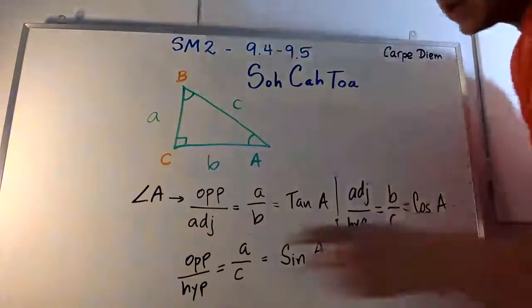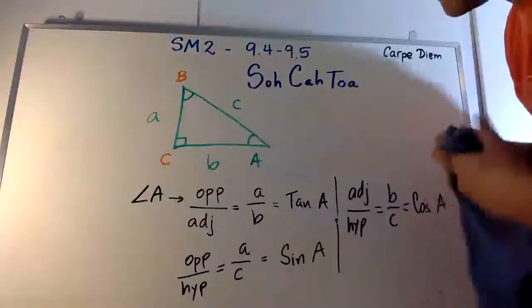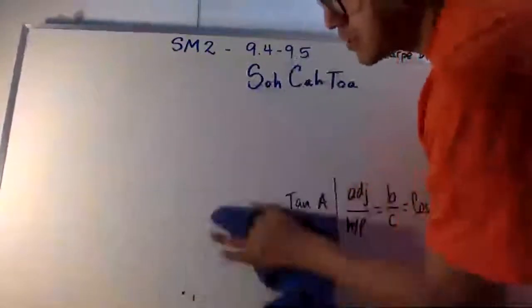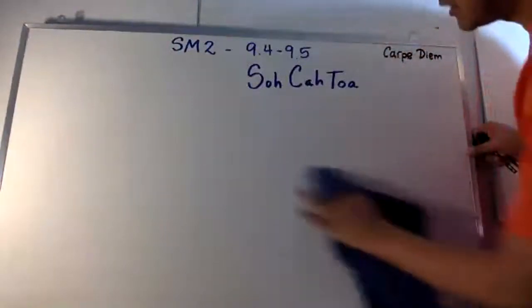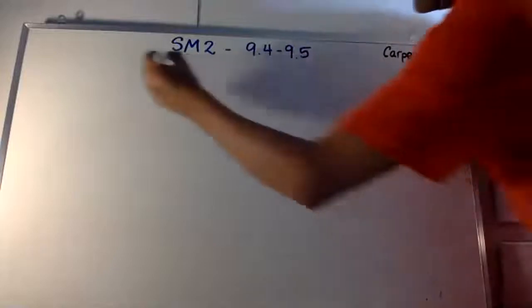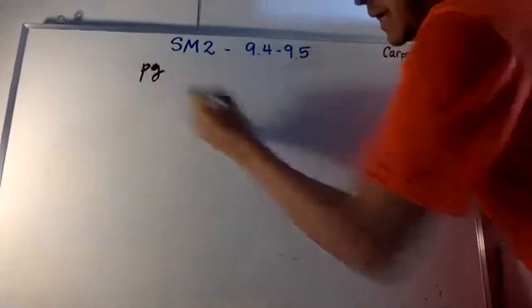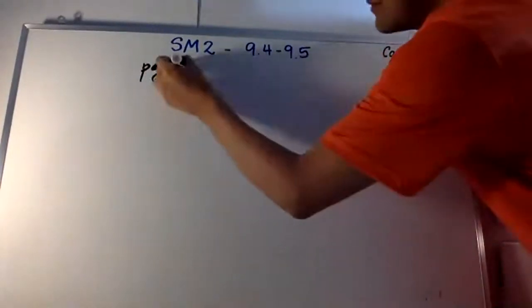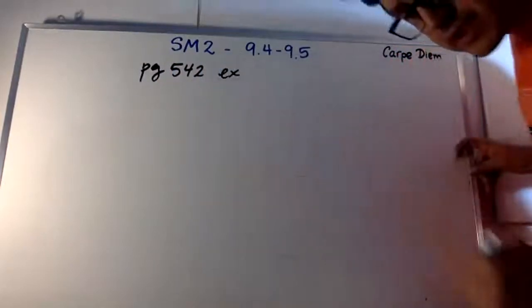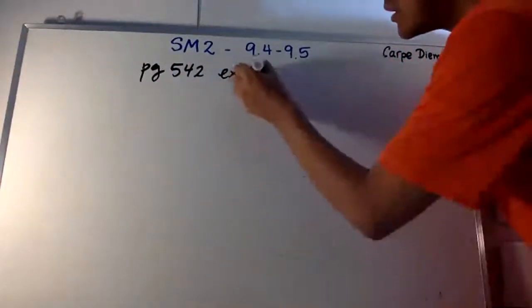So for those who want to take a look at the electronic version of the book, I'm going to be solving some of those exercises, okay? So I'm going to start with, I'm going to go to page 542. I'm going to do exercise 1.